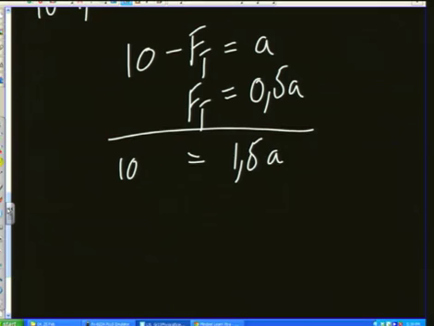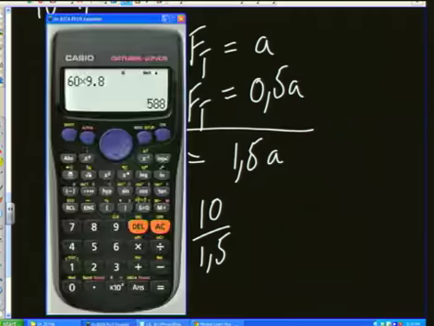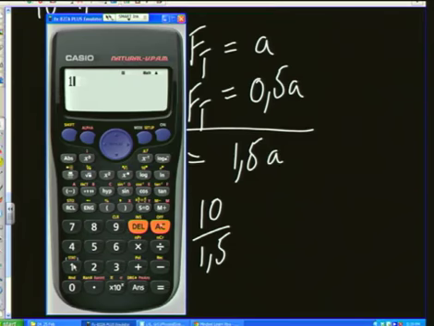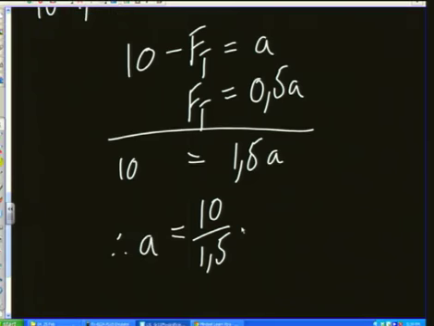Now, to get my answer, I need to say a is equal to 10 divided by 1.5. If I go to the calculator and clear it, I'm going to do 10 divided by 1.5, and I get an answer of 6.67, which is equal to 6.67 meters per second squared.